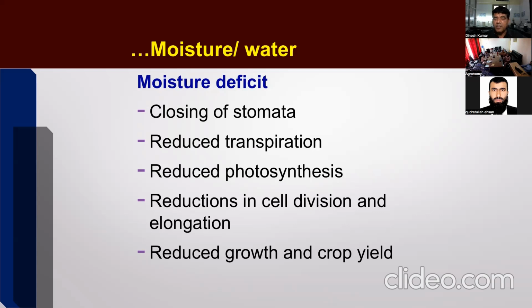There will be reduction in cell division and elongation, reduced growth and crop yield. So these are the adverse effects of moisture deficit on plant growth. That means you need some optimum supply of water to get better growth.